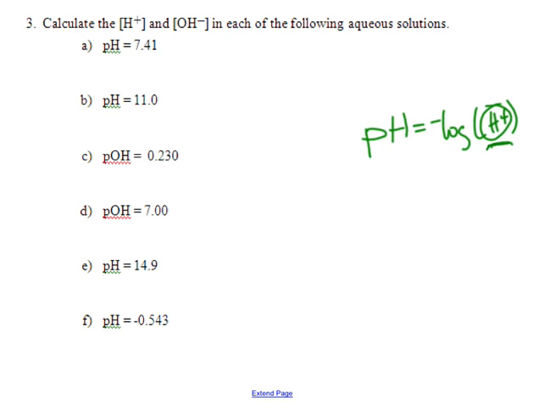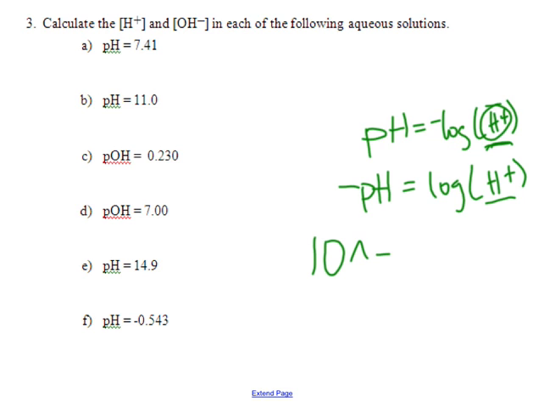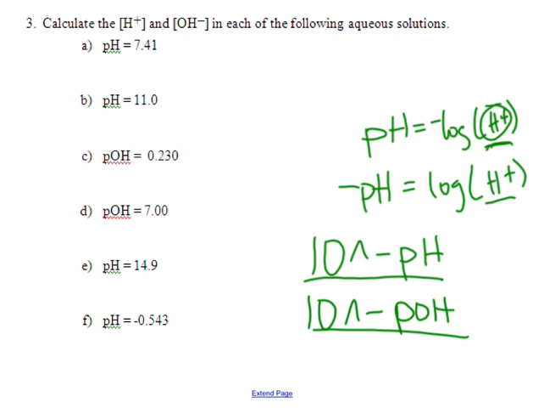So if we were to isolate this, the negative would go on the other side, right? I'd have to do that first to isolate this. Now what do I do to get rid of the log? Right, 10 to the. So the keystroke is 10 to the negative pH value, or 10 to the negative pOH value to actually find those concentrations. So you can't forget the negative.